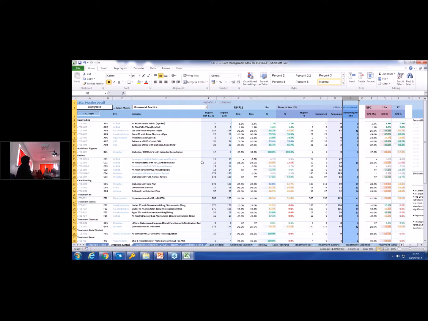It just gives you a general idea of how you have performed. But I think the important section is the financial year, because as you go through the year, by the 31st of March, both should match.